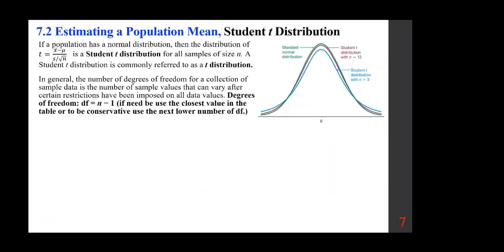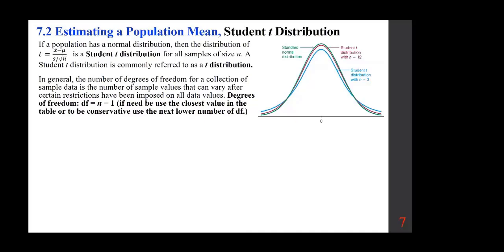Dealing with the student t distribution, if a population has a normal distribution, the distribution of t equals X bar minus mu over s over square root of n is a student t distribution, or simply put, t distribution, for all samples of size n. A student t distribution is commonly referred to as the t distribution.